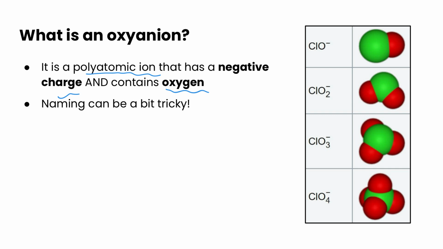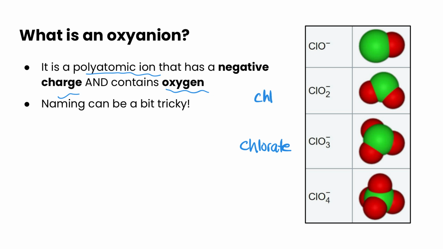Now the naming can be a bit tricky because the names of the different polyatomic ions differ on how many oxygen atoms are present within that polyatomic ion. So for example here, chlorate is our ClO3 minus polyatomic ion.